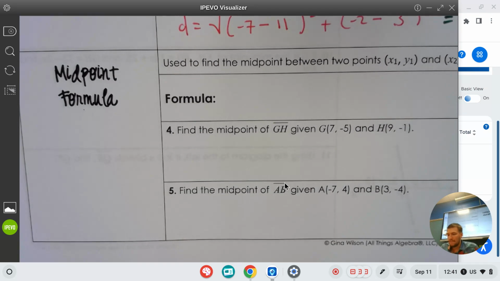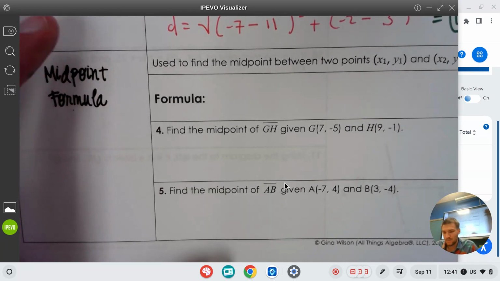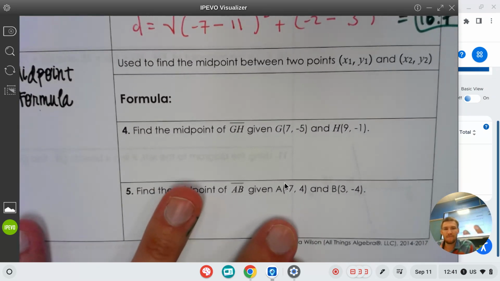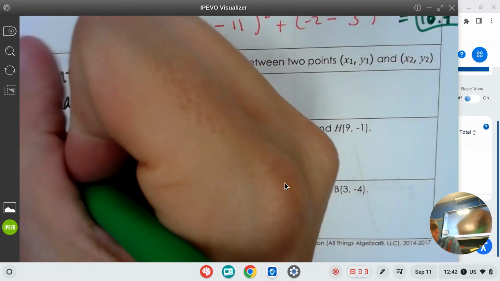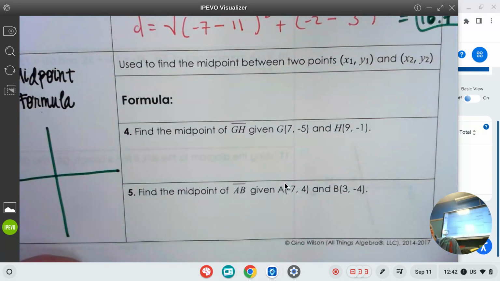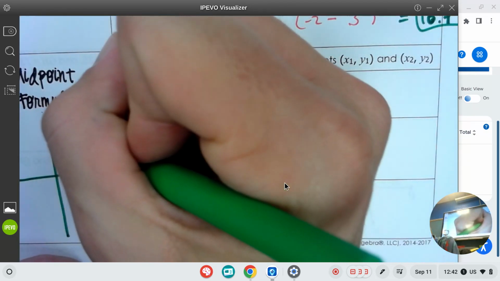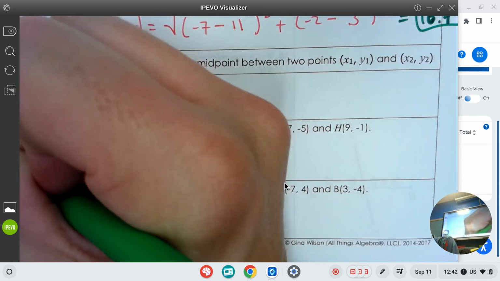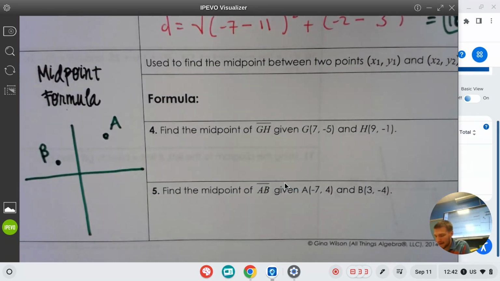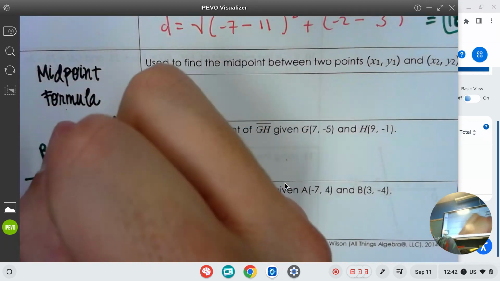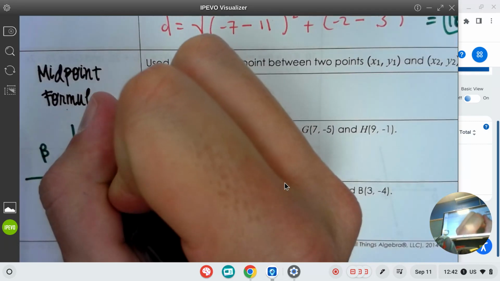Okay, let me see here. Working on the midpoint formula. What do you think the midpoint formula helps us with? Trying to find the middle. Okay, if we've got 2 points here, let's say I've got A and B, and I'm trying to find out where the middle of these 2 points are.